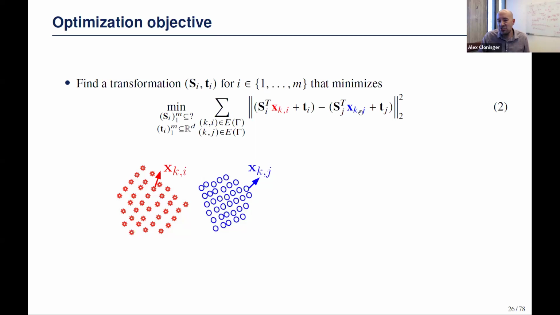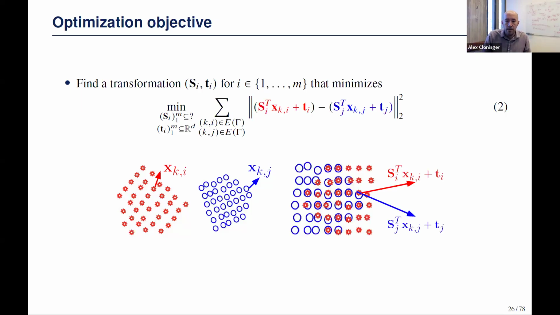And then you have another view j, and you're allowed to do the same thing to j. And when one point k is seen by both of those views, it better get embedded in the same point. And so we're trying to minimize this object, which is really hard.